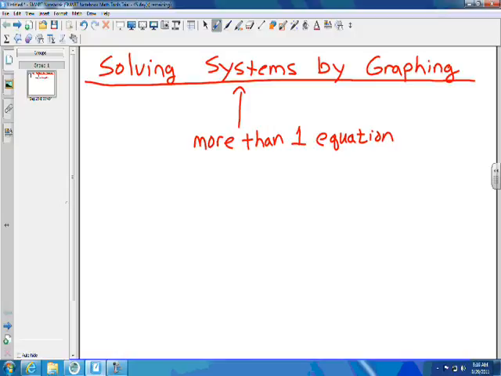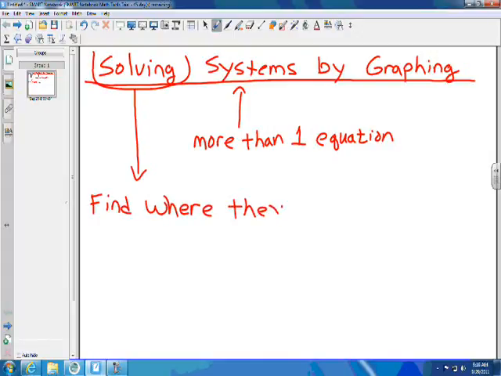You are solving 2 equations. So what does it mean to solve them? Find where they intersect, the point of intersection.